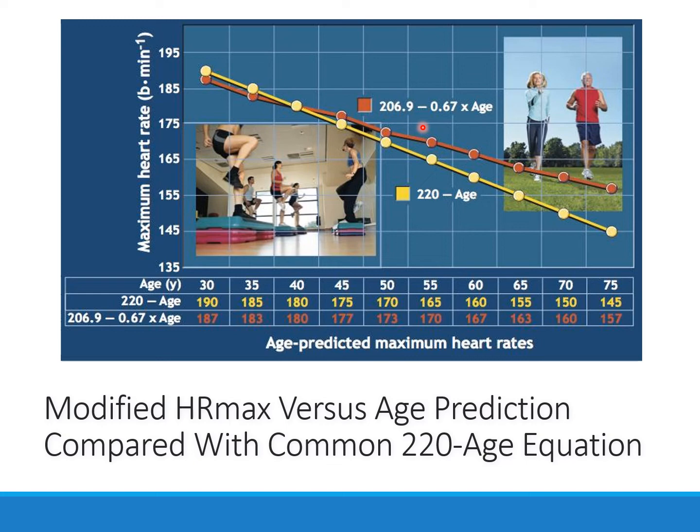The 220 minus age is just a very easy way of predicting heart rate. And you can see that's probably a little bit more accurate in younger populations, but it might not translate and be quite as true in the older populations. So you can see this new equation is showing a different trend than the 220 minus age equation.